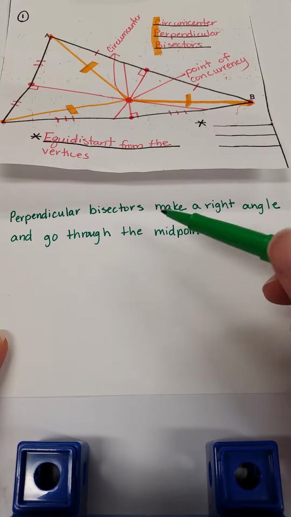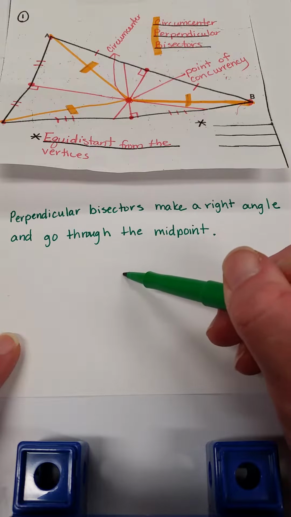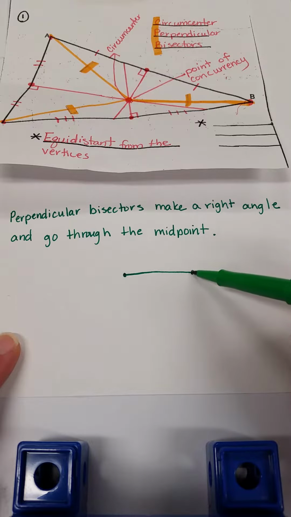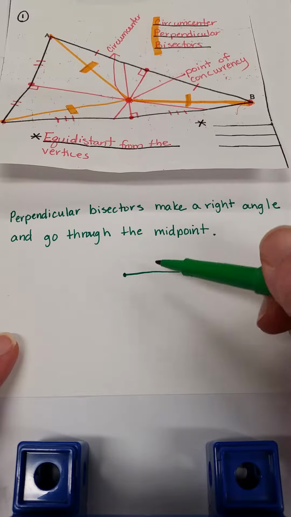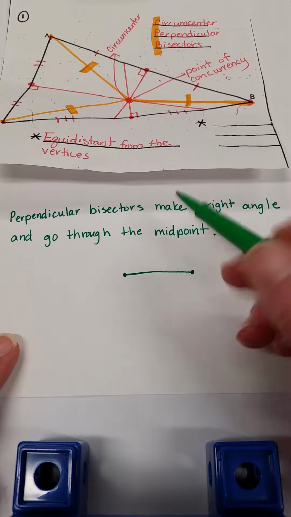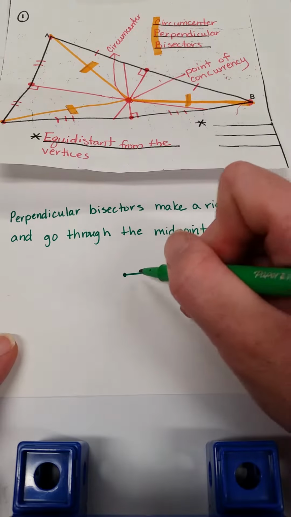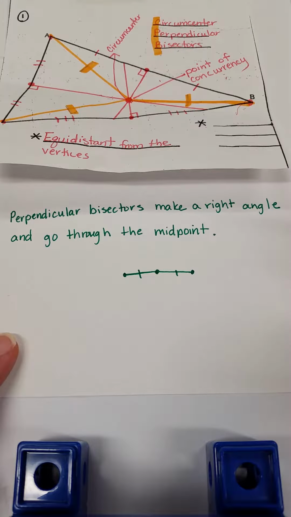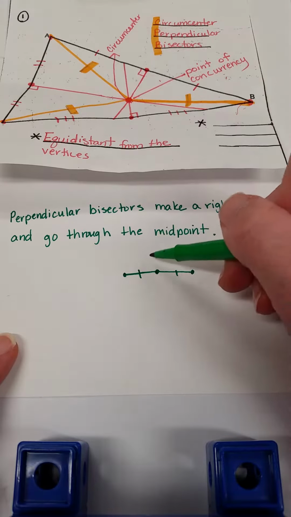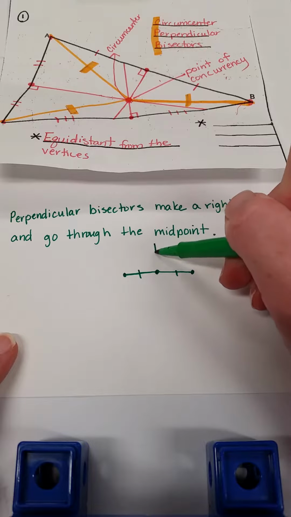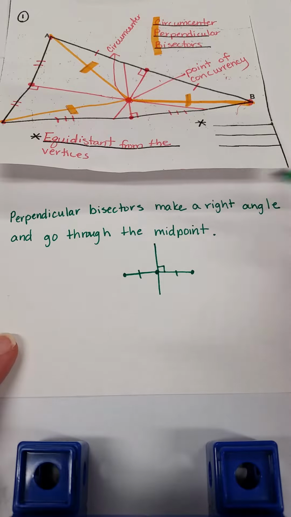So I want you to draw a segment, and I want you to eyeball where the midpoint of that segment is, and you're going to show it's a midpoint by having tick marks. Then draw a segment that makes a right angle through that midpoint.